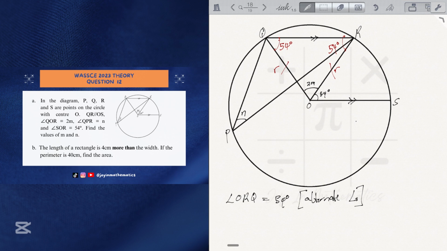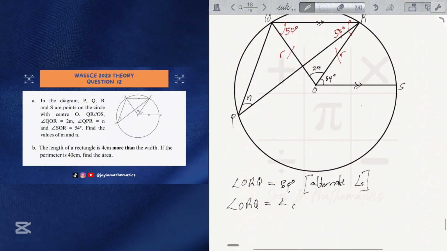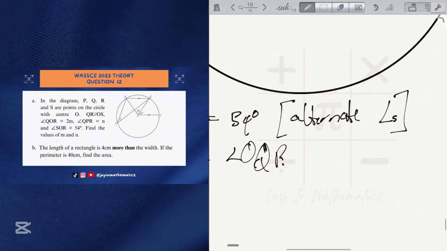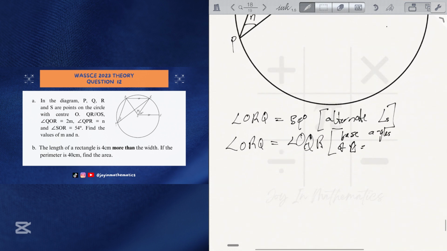And similarly, angle ORQ is equal to angle OQR. The reason: base angles of an isosceles triangle are equal. So this is equal to 54 degrees.